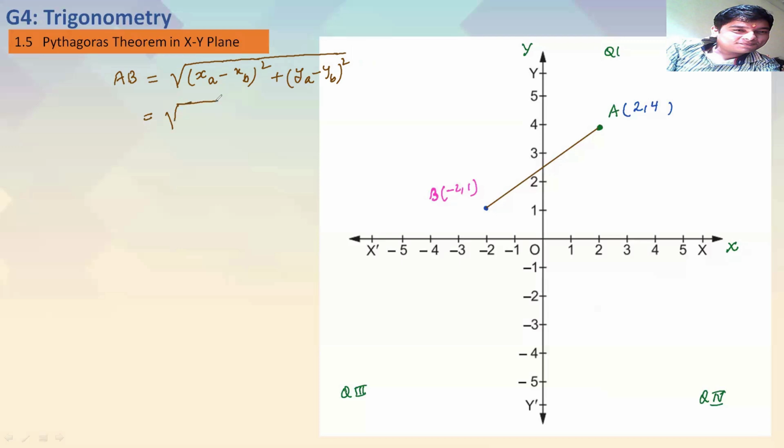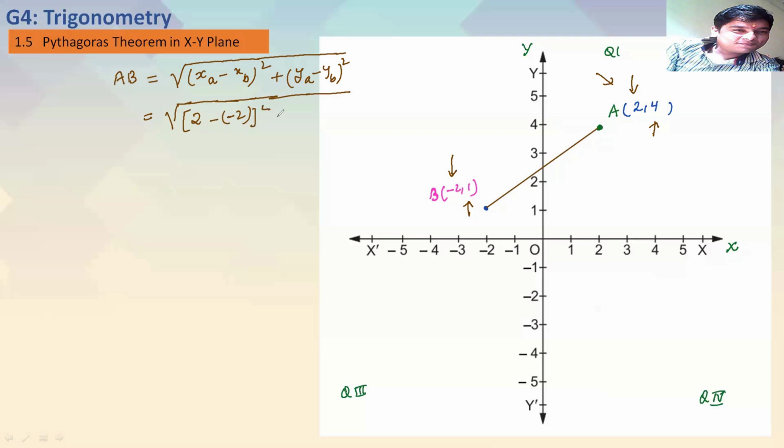What are the x coordinates of the 2 points? -2, and 2, comma 1. The first one is called the x coordinate, and the second one is known as the y coordinate. So x_A minus x_B means 2 minus -2.